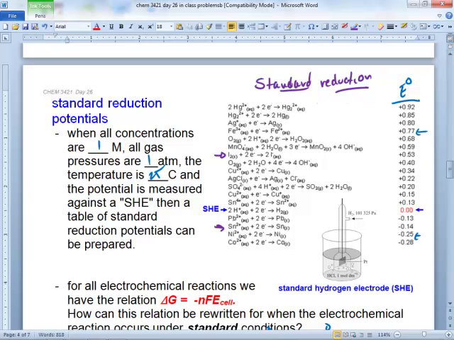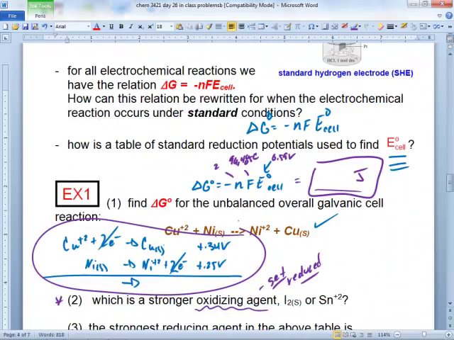Which one is a stronger oxidizing agent, I2 solid or tin plus 2? I2 solid. Just imagine putting that number in there, a positive 0.59. In comparison, this one doesn't even want to be an oxidizing agent, right? It's negative. It's going to make things less spontaneous. So I2 solid is the answer.